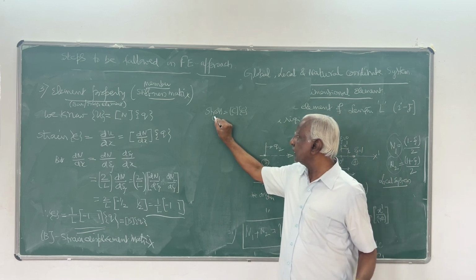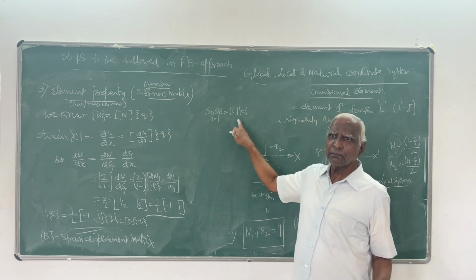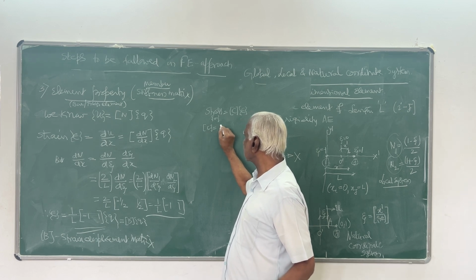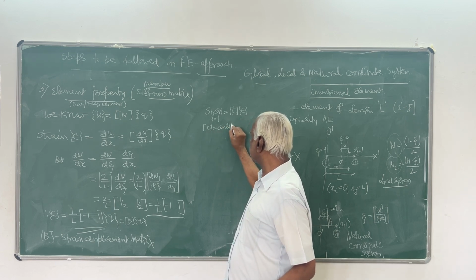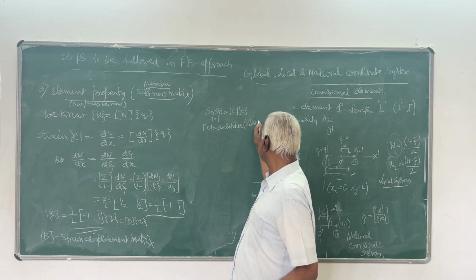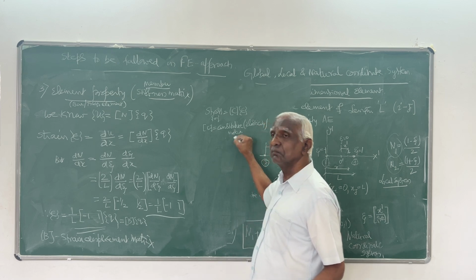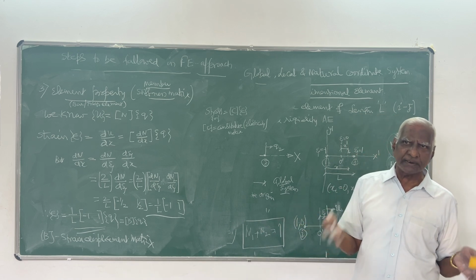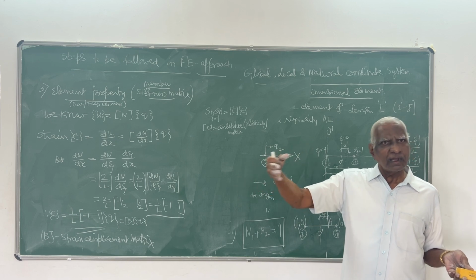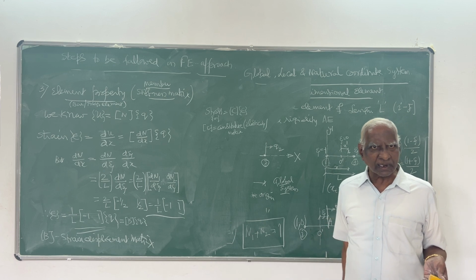Sigma by epsilon is nothing but your modulus of elasticity, called C. The constitutive or elasticity matrix is basically a material property, known for plane stress problem, plane strain problem, axisymmetric problems, as well as this one-dimensional bar.